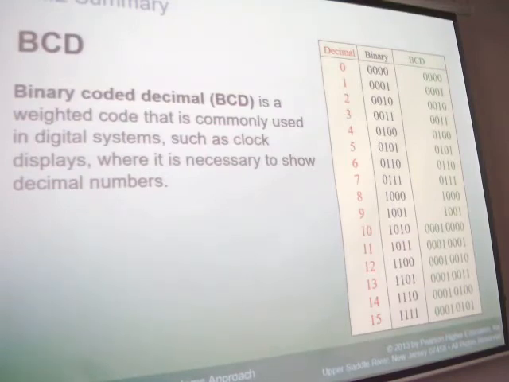For example, we use 0 0 0 0 to represent 0, and we use 1 0 0 1 to represent 9.